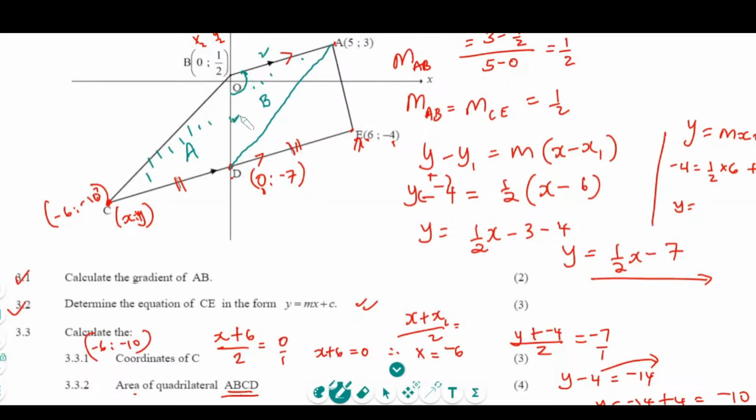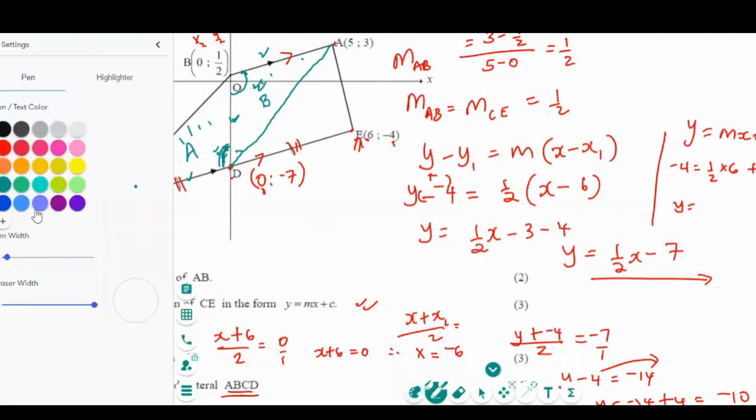Then if I use this distance and this distance, I'll have the area of A if I can find that angle. If I can get this angle, it will automatically be the same as this angle, because these lines are parallel, so there will be alternate angles. So I'm going to start by finding that angle.